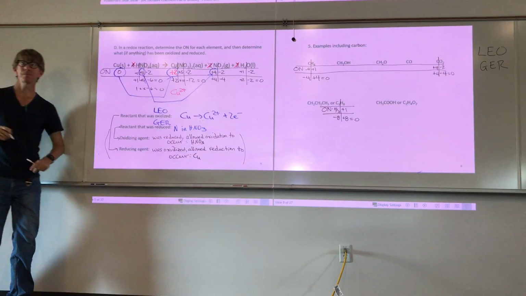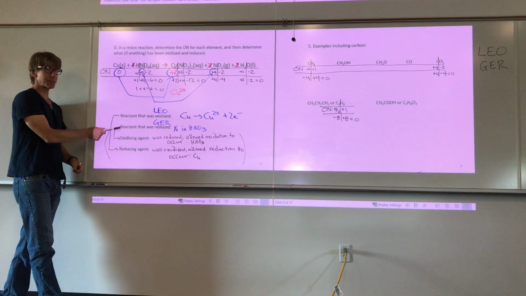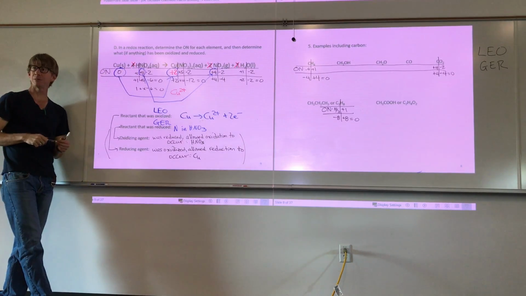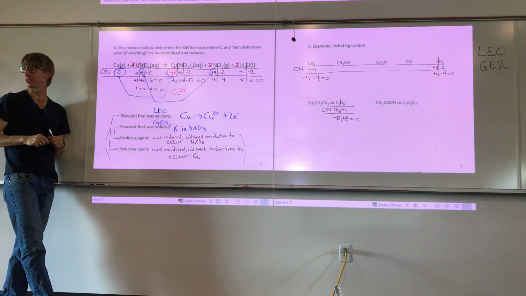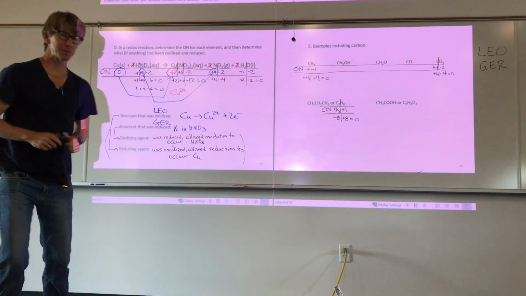it's common. If you look over old exams, you'll typically see one of these types of problems on them, or some version of oxidation and reduction numbers on them, for sure. Questions about this problem? Then let's keep going.